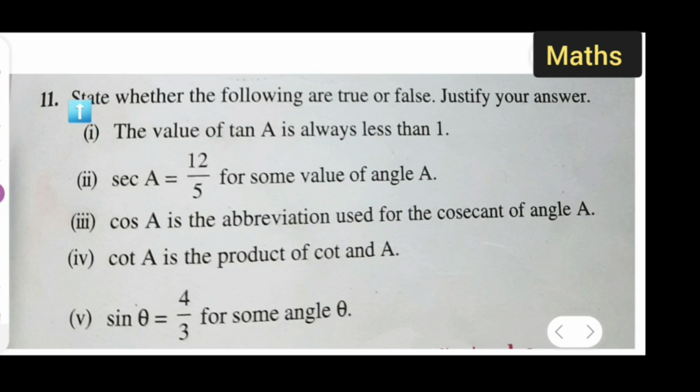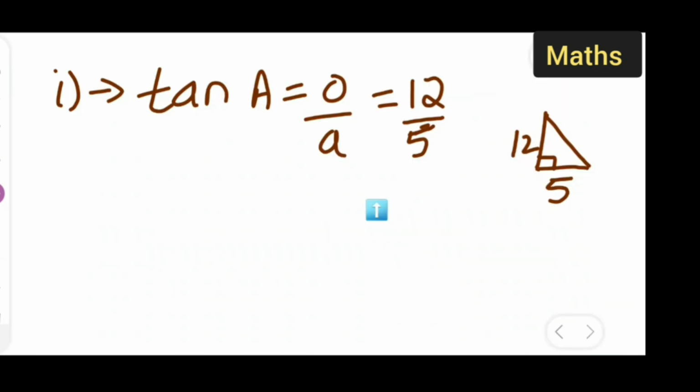Take down the question first. State whether the following are true or false. Justify your answer. The value of tan A is always less than 1. Is it true or false? Let us see. For example, tan A formula is opposite upon adjacent. In the given figure, opposite is 12 and adjacent is 5.